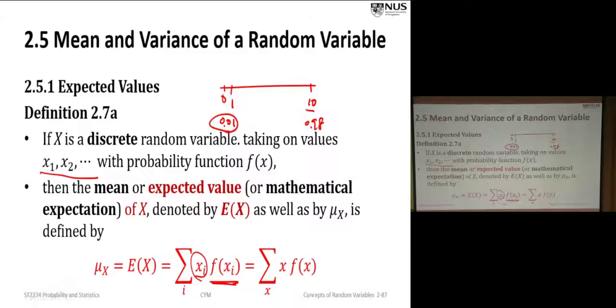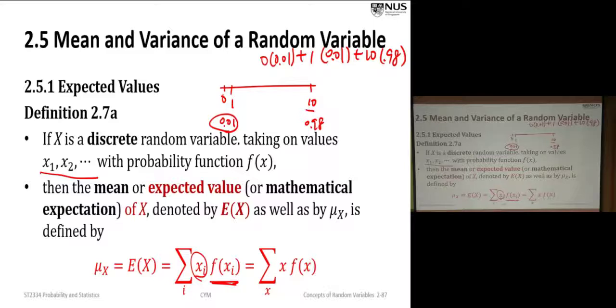Among these 3 values, if this is my distribution, then it's likely that this 10 is the one that dominates. So the center should be close to this 10. That's how we do it. It's value 0 times the probability plus 1 times the probability plus 10 times the probability. All right. So this value is close to 10. It's 9 point something.